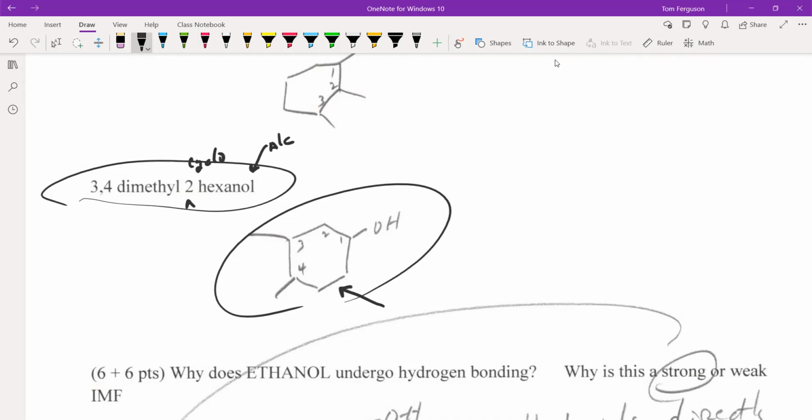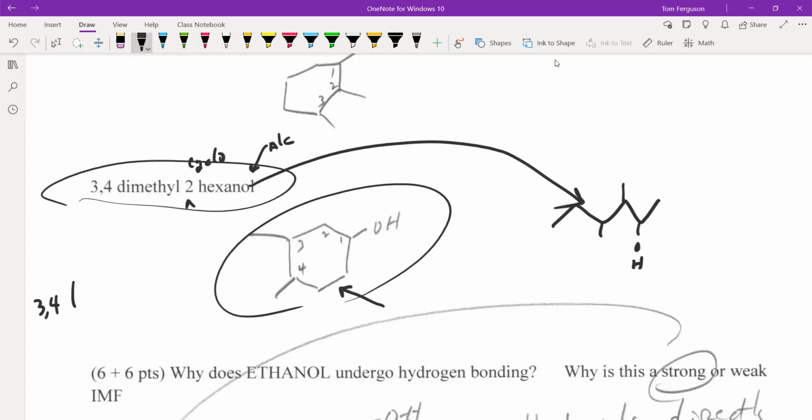So the way I drew this, the way this is written, the cyclic one, is going to be 3,4-dimethyl cyclohexanol. So someone screwed up the key.